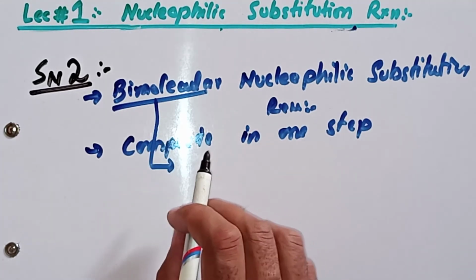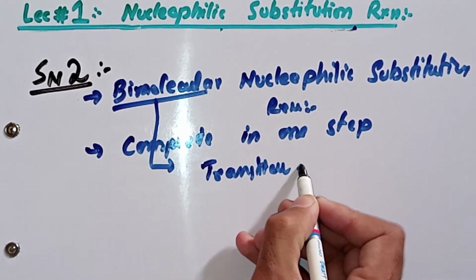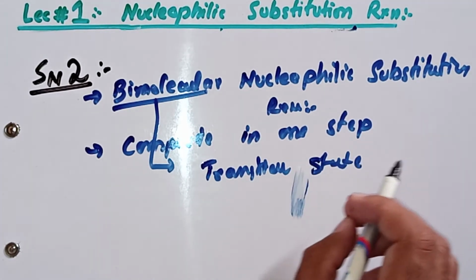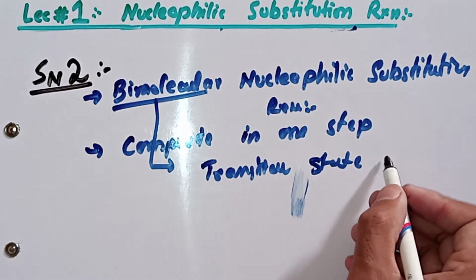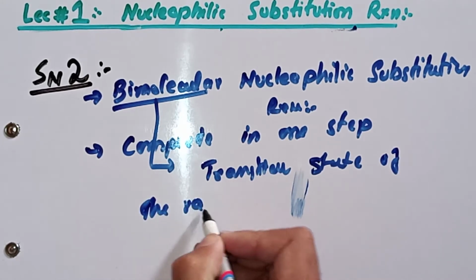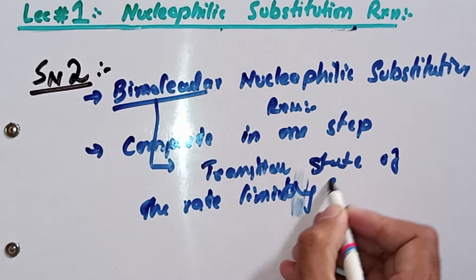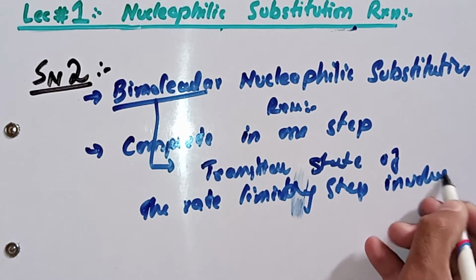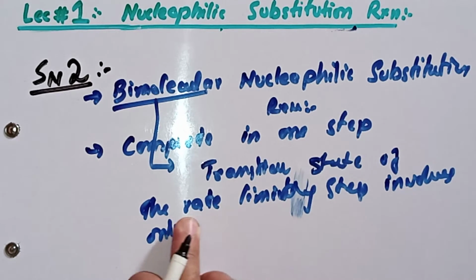The term bimolecular means that the transition state of the rate limiting step involves the collision of two molecules.